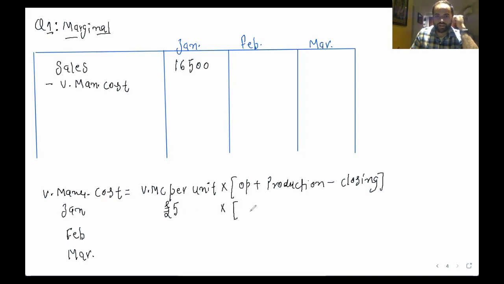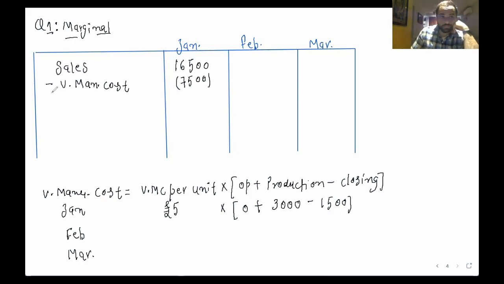Multiply by how much is opening? 0 plus production 3,000 less closing, which is 1,500. So we got 1,500. So 1,500 multiplied by 5 is 7,500, right? So that's your variable manufacturing cost, 7,500.